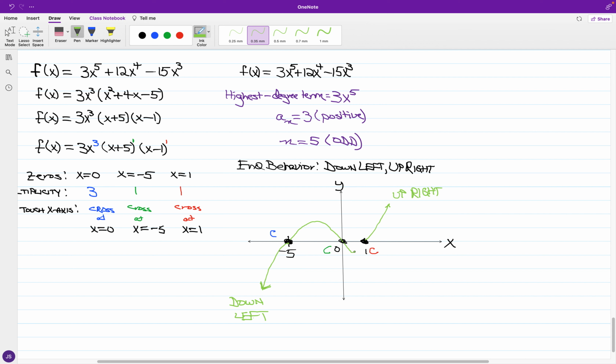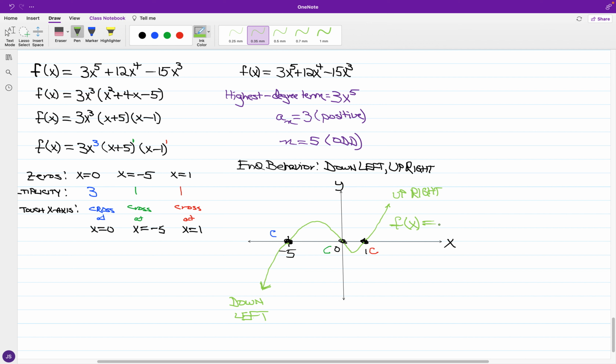So it's going to dip, and then it's going to rise up again, and at x equal to 1 the graph is going to cross once more, and this function is going to stay above the x-axis as we get to those values greater than 1 for x.